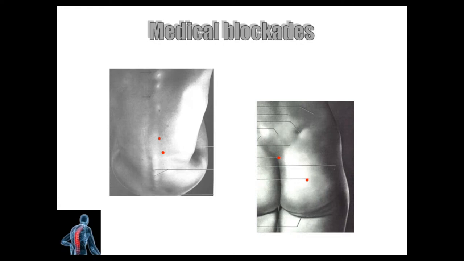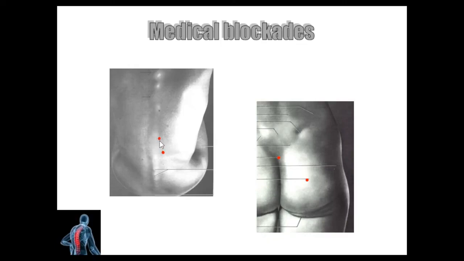So blockades are the best option, but it is an invasive procedure. You should have some skills to perform it. Other points: that point we use for sciatic nerve blockade. As for me, it is a very rare procedure. Of those 2 points on the left side, this one we use for facet joint blockade. Usually it is around 1 cm laterally from the tip of the spinous process of your patient.